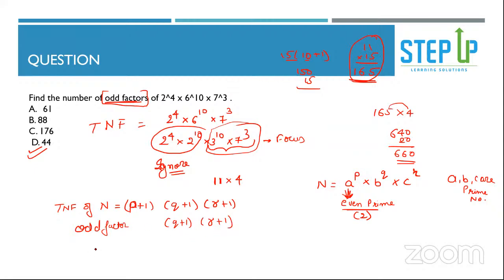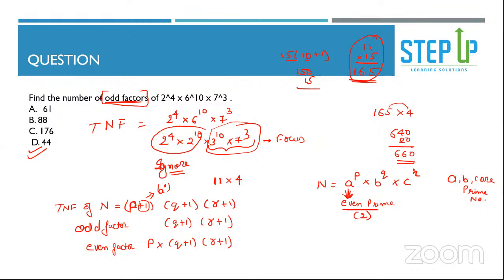All right, RK? Now for even factors, we'll ignore this plus 1 part. We'll just take p into q plus 1 into r plus 1. Because this plus 1 is because of a to the power 0, and a to the power 0 will always be 1. All right.